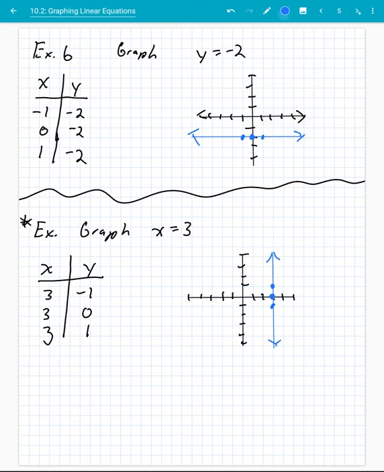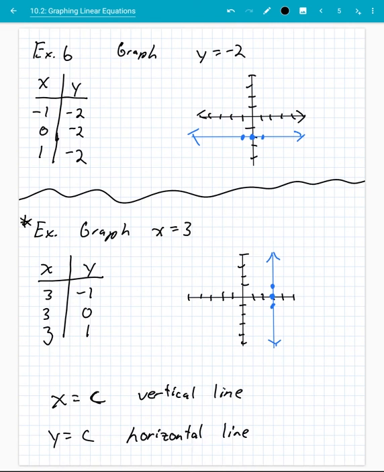So the rule for all of this is if your equation says x equals some kind of number, c, you're going to end up having a vertical line. But if you have y equals some kind of number, that's going to end up being a horizontal line. Kind of a trick.